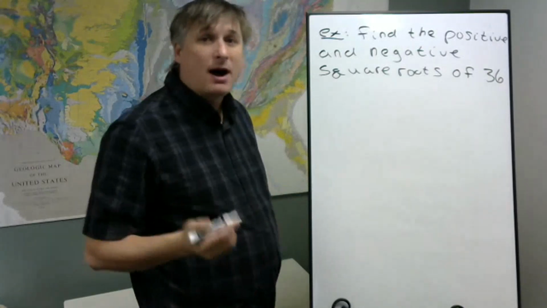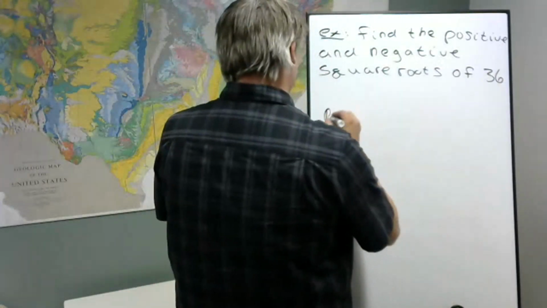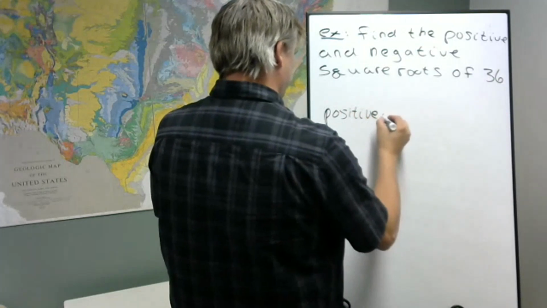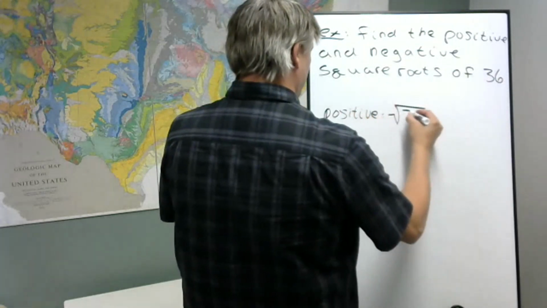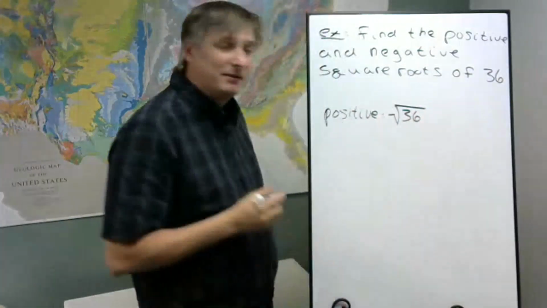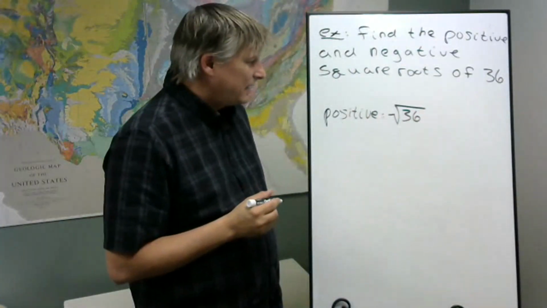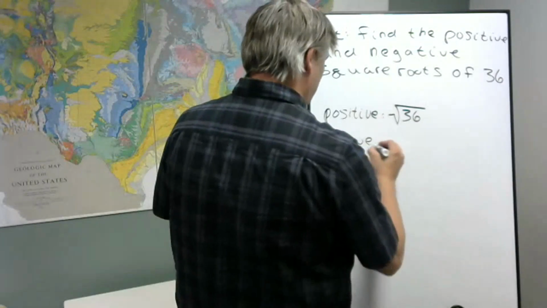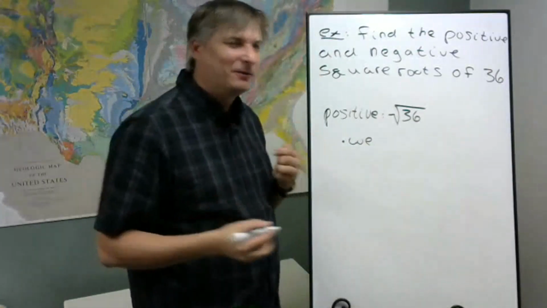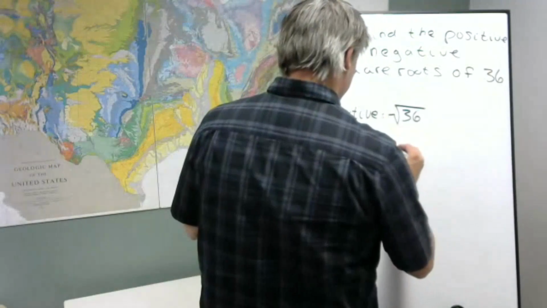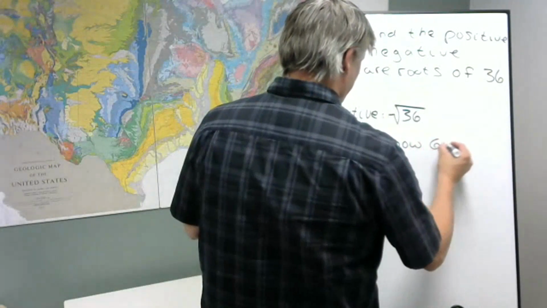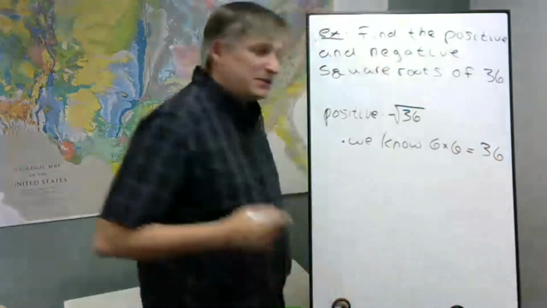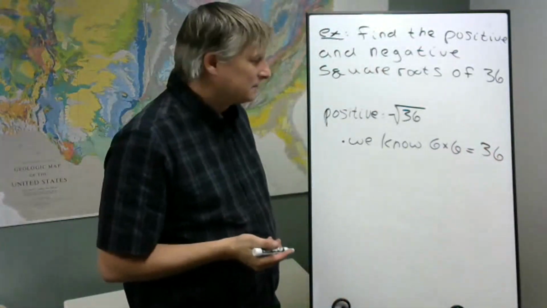Well, the positive square root, we write it like that. Now if you think about our multiplication table, we know 6 times 6 equals 36.